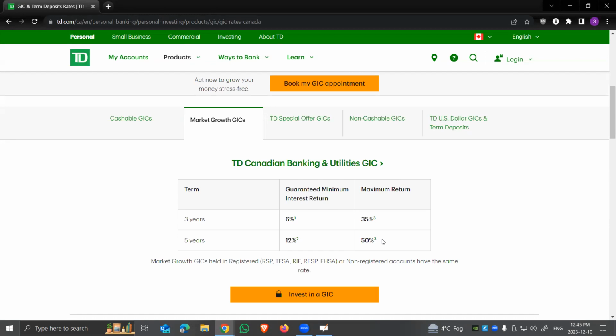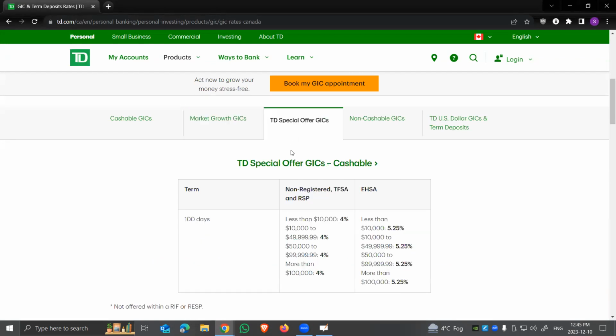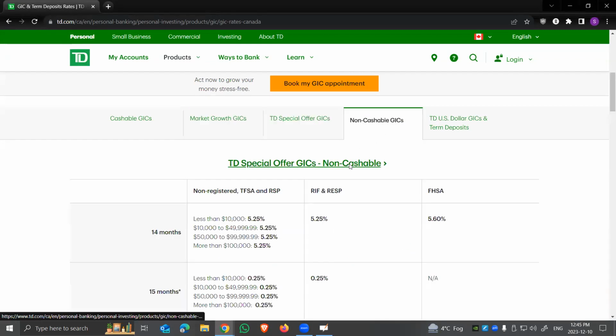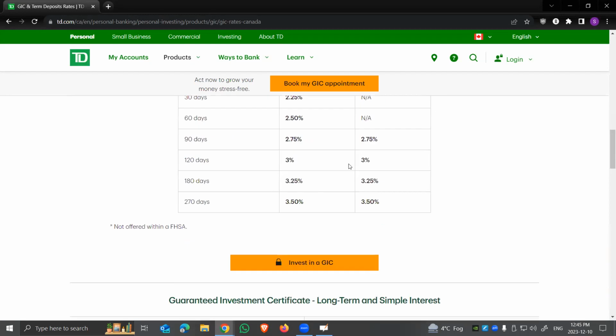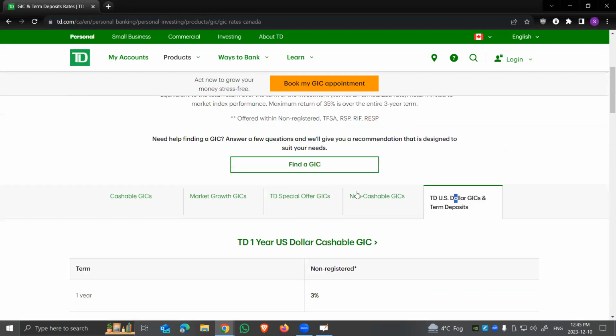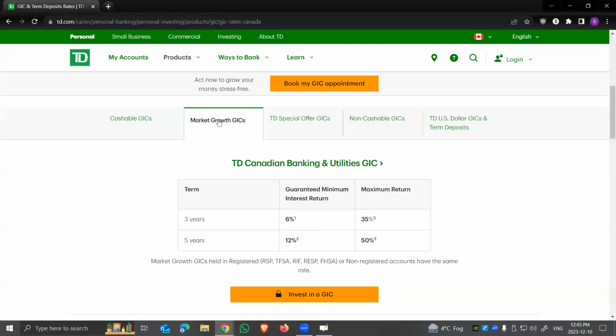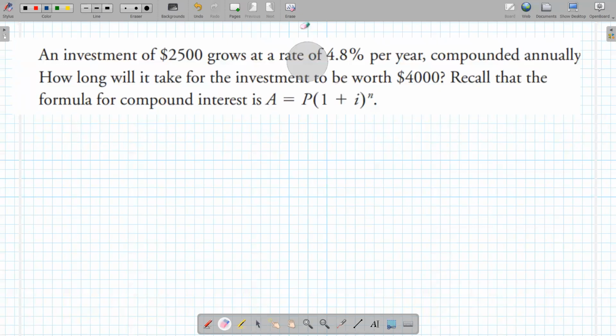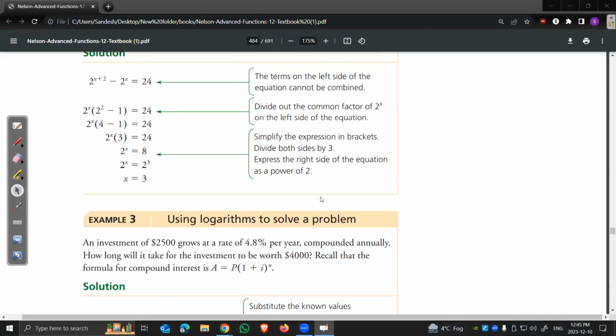So you can make up to 50%, but you won't lose any money with this. GIC means it's guaranteed. You're never gonna lose any money. You can make 12.5 was the highest percent. And this is just one bank. So this one is looking pretty interesting right here. This one will definitely make you way more than $1,500 in 10 years. 10 years is a long time.